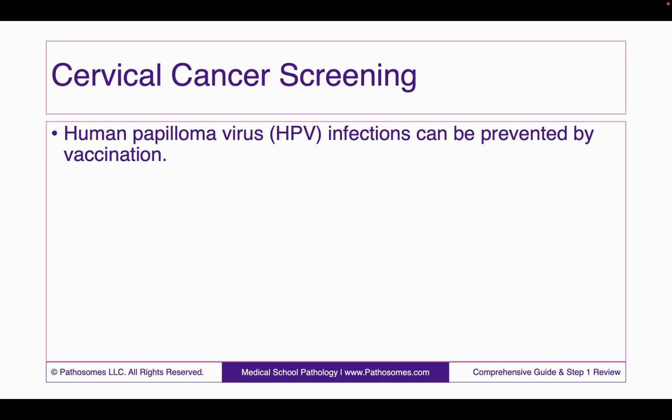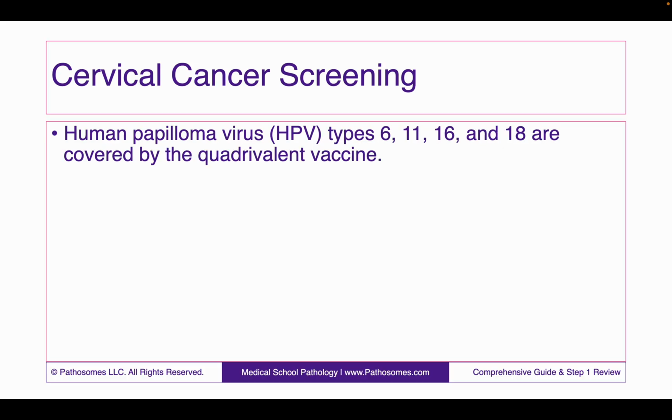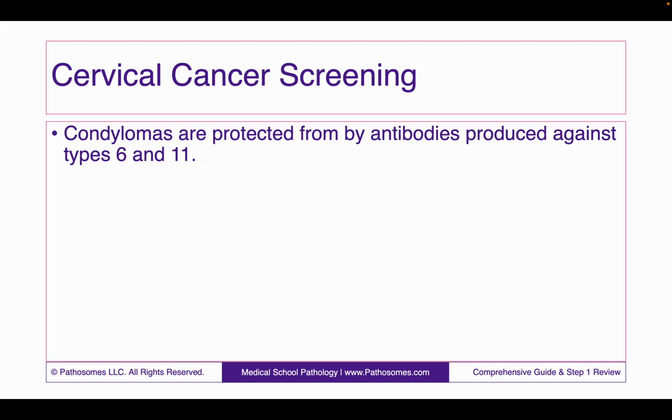Human papillomavirus infections can be prevented by vaccination. Human papillomavirus types 6, 11, 16, and 18 are covered by the quadrivalent vaccine. Condylomas are protected from by antibodies produced against types 6 and 11, the low-risk types.